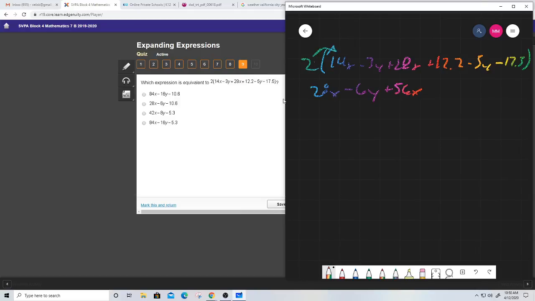2 times 12.2 is 24.4. 2 times a negative 5 is negative 10y. And then 2 times 17 and a half is going to be minus 35.